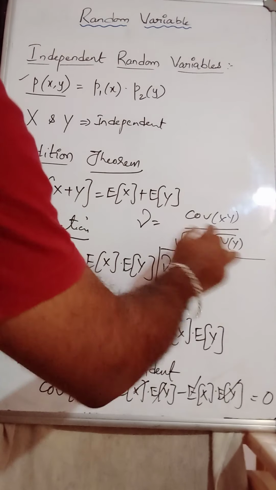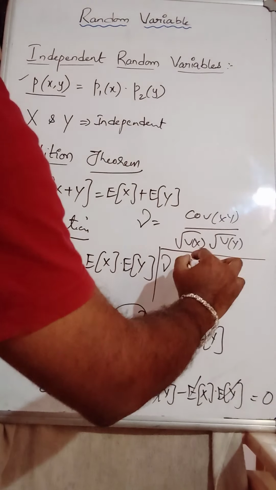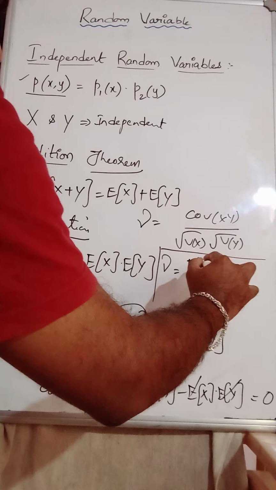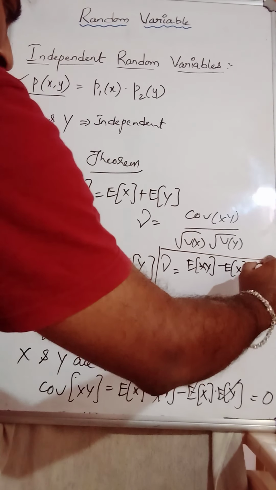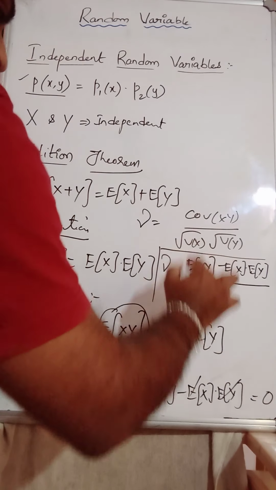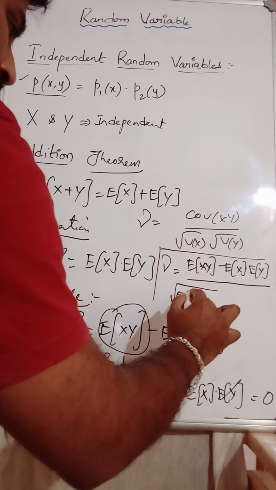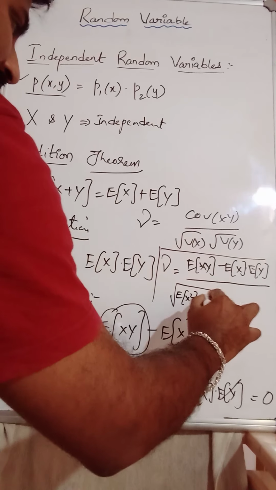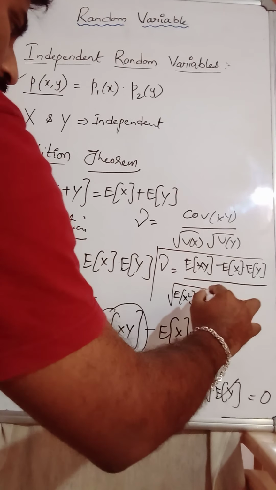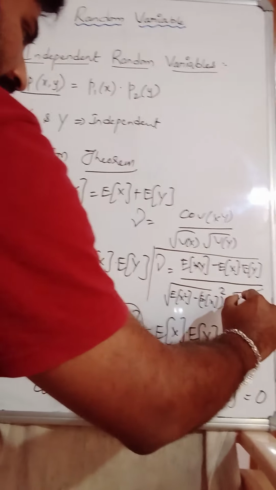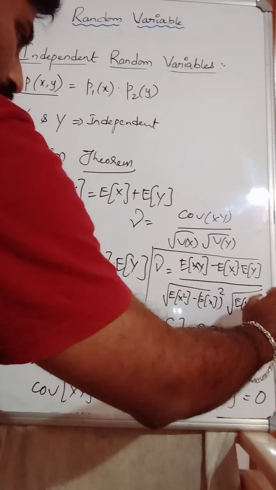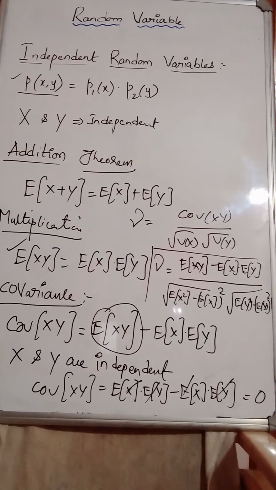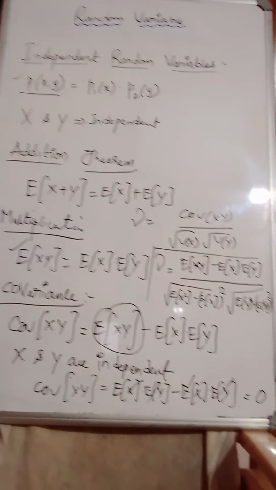Gamma equals covariance of xy, whose formula is expectation of xy minus expectation of x into expectation of y, divided by the square root of variance of x, which is expectation of x square minus expectation of x whole square, times the square root of variance of y, which is expectation of y square minus expectation of y whole square.